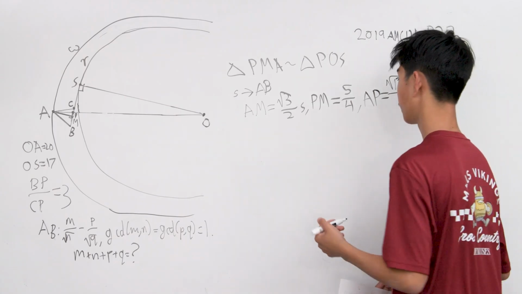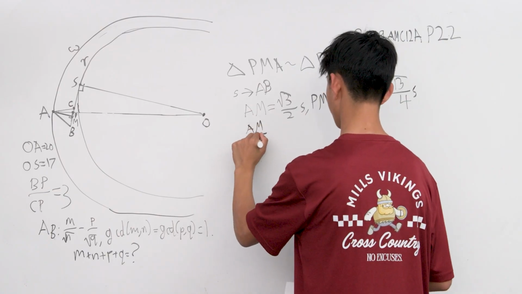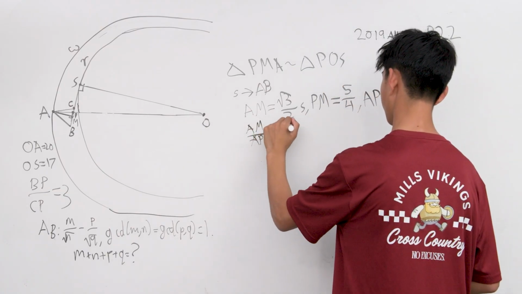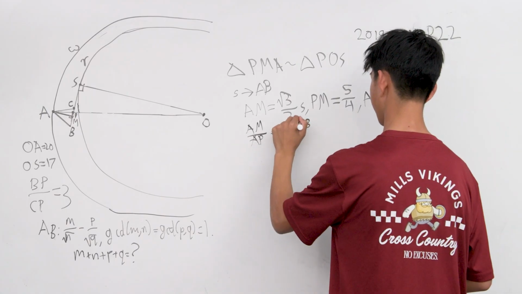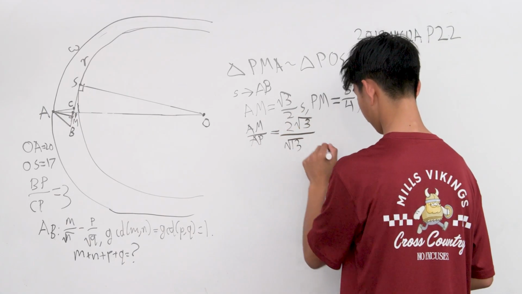Thus, we have AM over AP is equal to 2 root 3 over root 13.